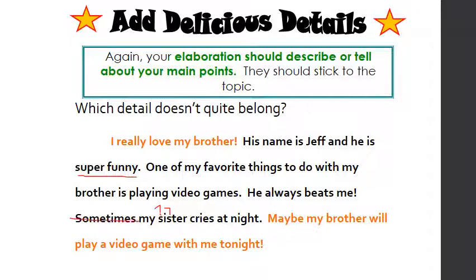No, this detail doesn't belong to this paragraph, so I must remove it. So, you see, it's very important to stick to the topic. That's why we say stick. Concentrate on this word, stick to the topic. We talk about one topic. And now we end the paragraph. Maybe my brother will play a video game with me tonight. Easy.